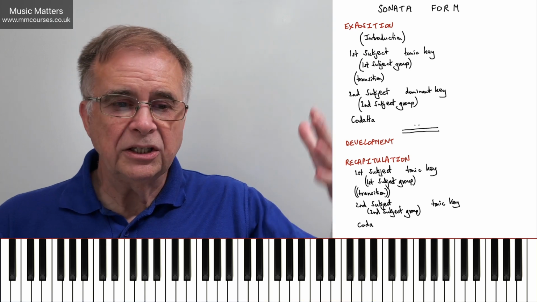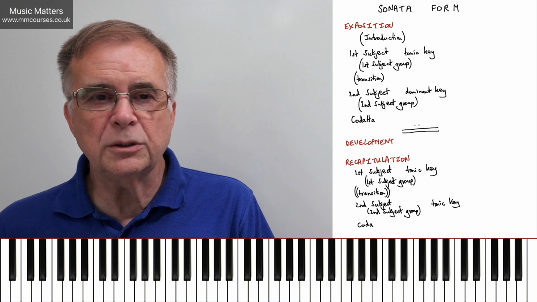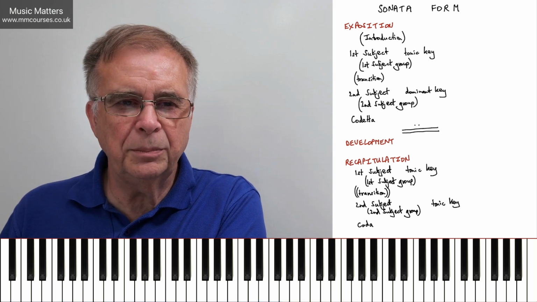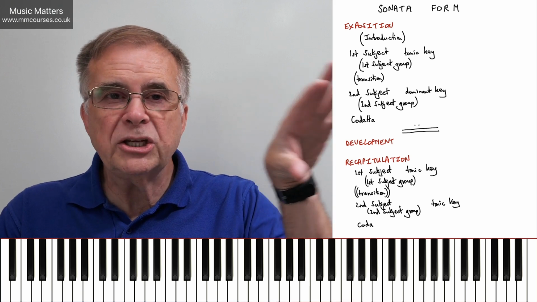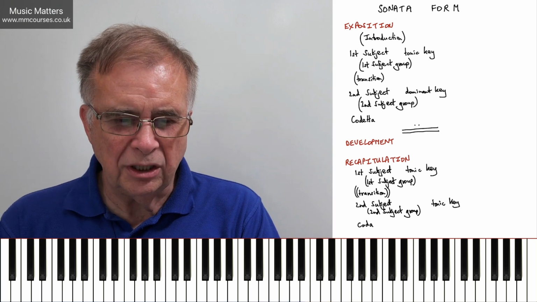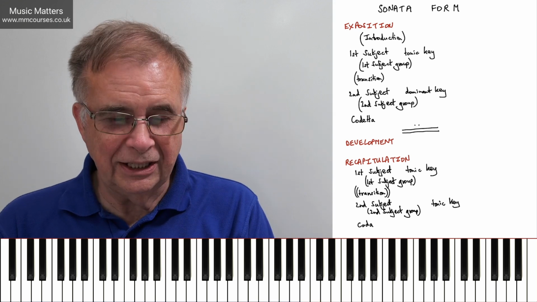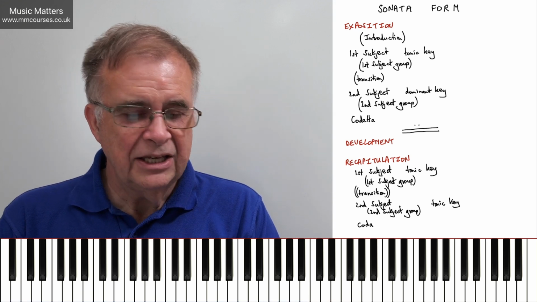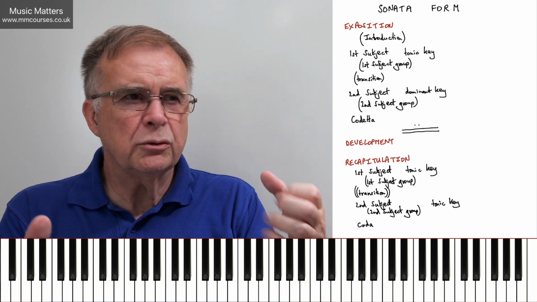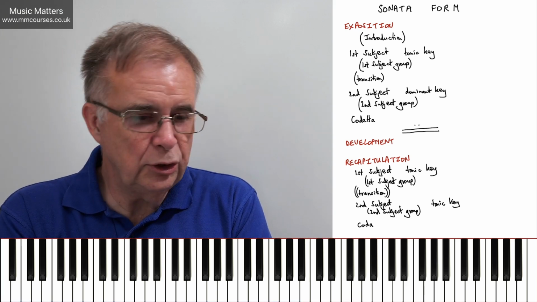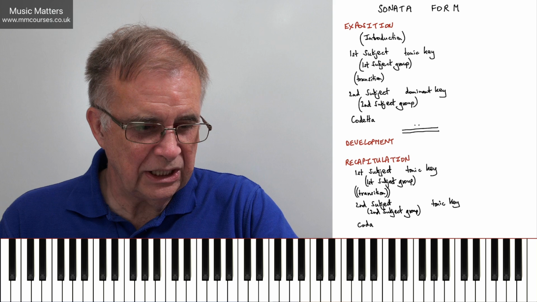Now, we had a codetta at the end of the exposition maybe. So having a coda at the end of the recapitulation is a way of matching that in the structure, but it's also a way of rounding off, completing the entire movement. So if a coda is required to bring things to a resounding conclusion, well, that's its purpose really.